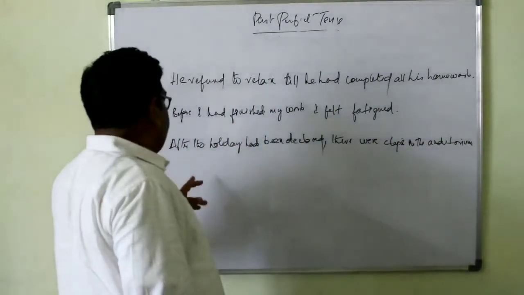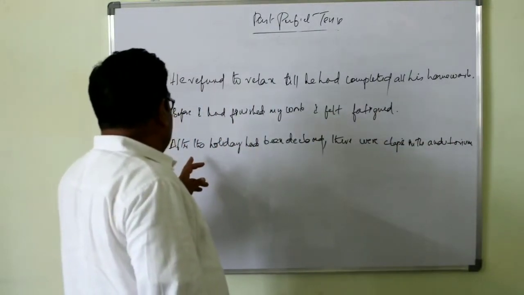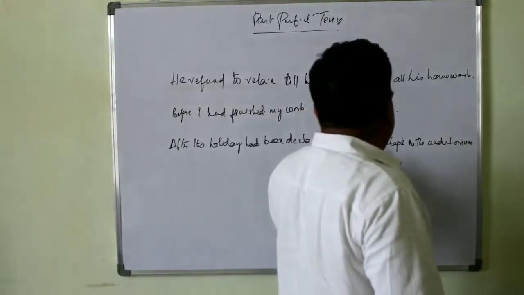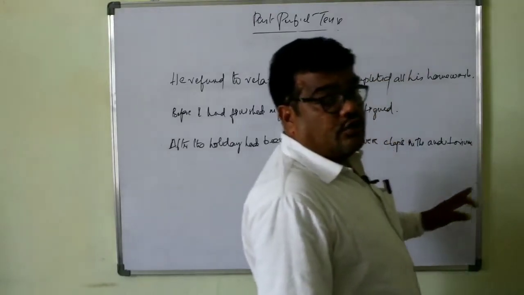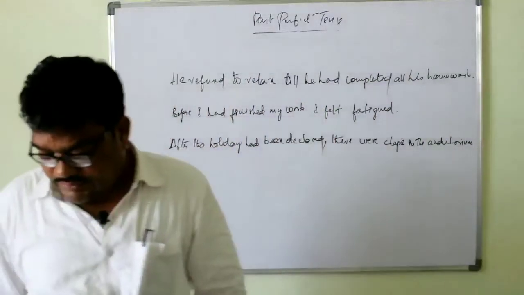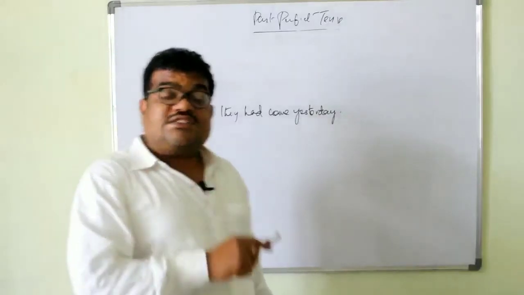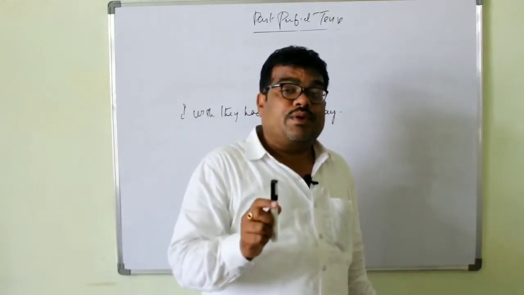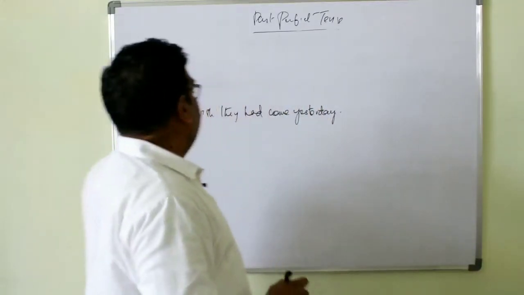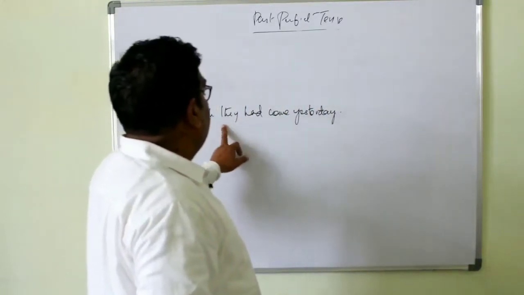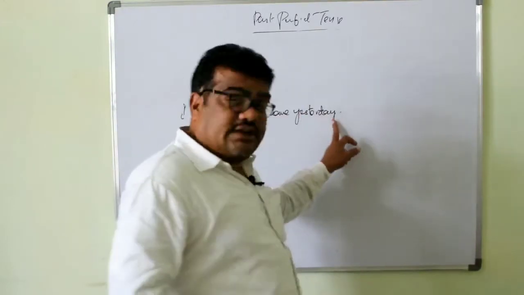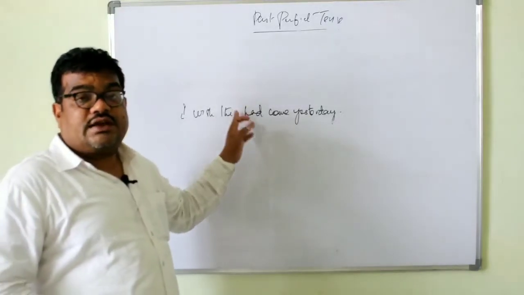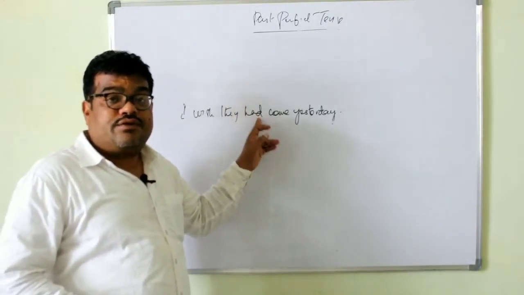Another example with after: after the holidays had been declared, there were claps in the auditorium. The past perfect tense is also used for unrealized hope or wish. For example, I wish they had come yesterday. They didn't come. For that type of action, we can use past perfect tense.